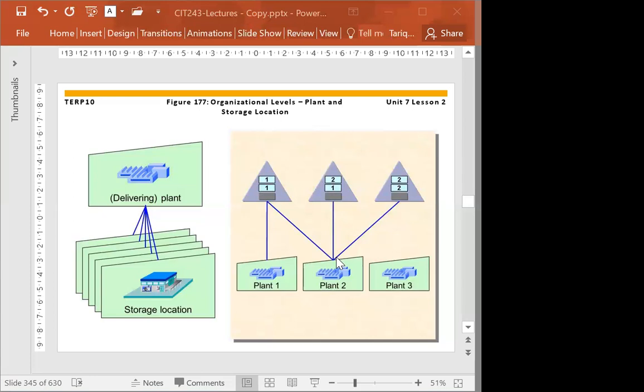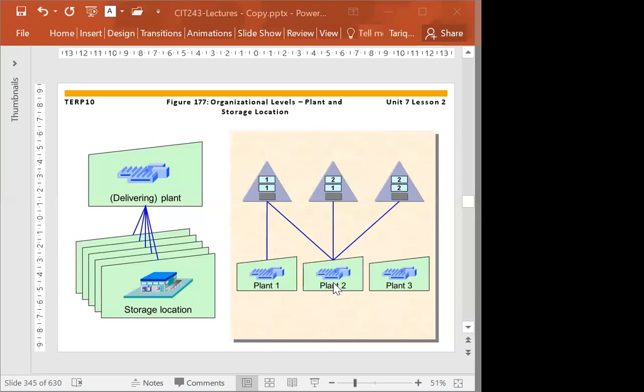And by the way, a plant is uniquely assigned to a company code. If you have a client, even the plant is unique in a client. Say one client has two company codes, one in Germany, one in the United States.